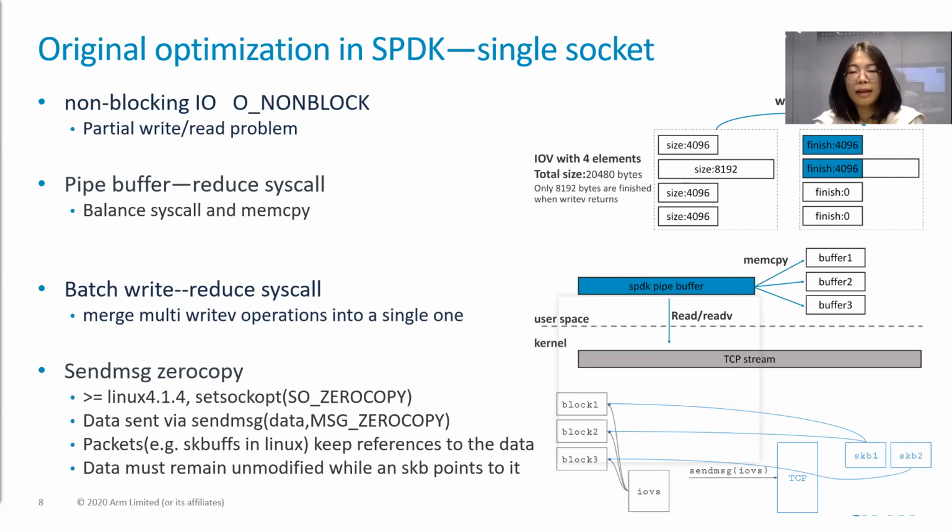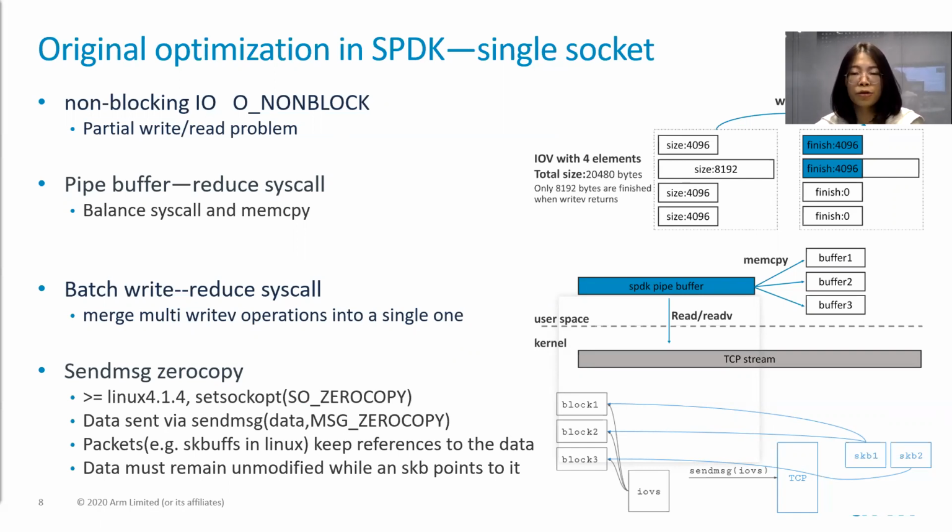We have said that SPDK is designed to be asynchronous, its data path is lock-free, and it's a user-space storage protocol. Although in NVMe TCP the kernel TCP stack is not lockless, SPDK leverages some methods to use the TCP stack more efficiently. For single socket optimization, one is to use non-blocking I/O to avoid the thread being blocked while reading or writing sockets.